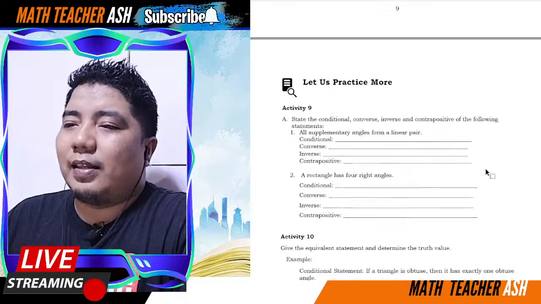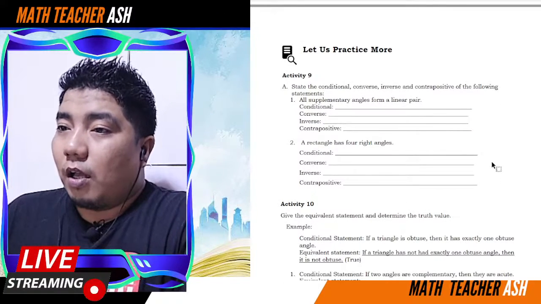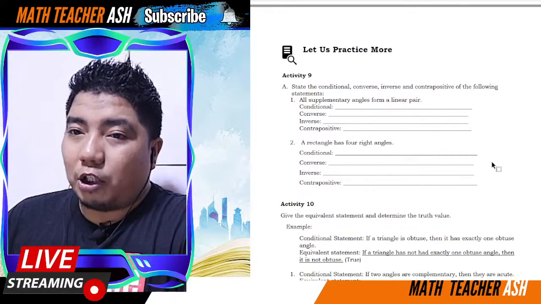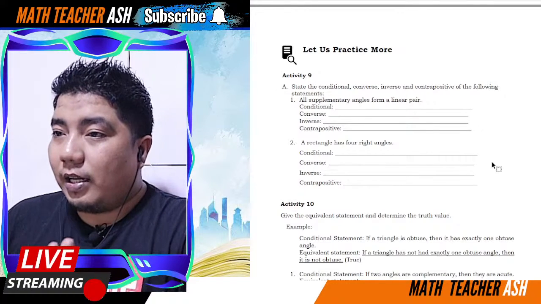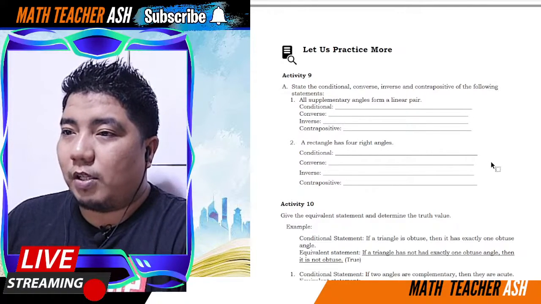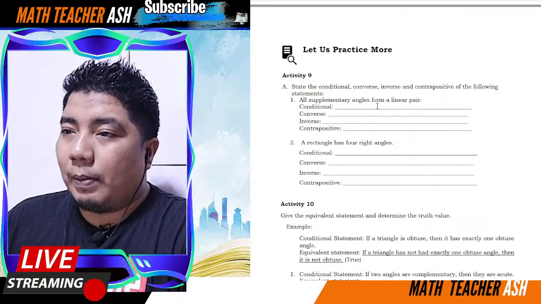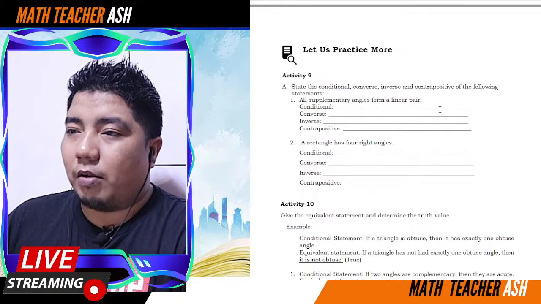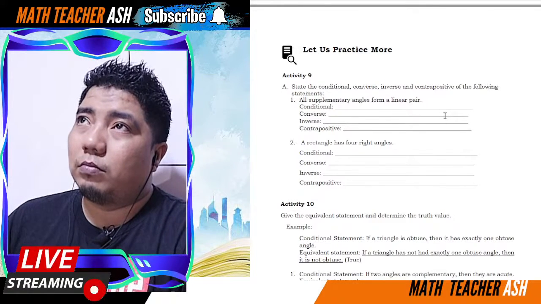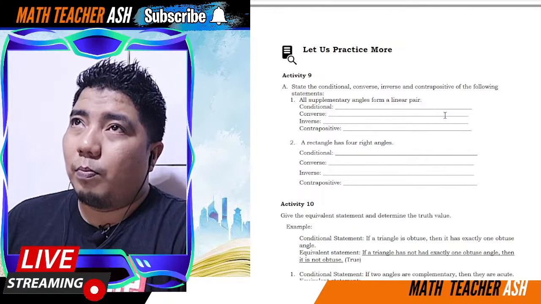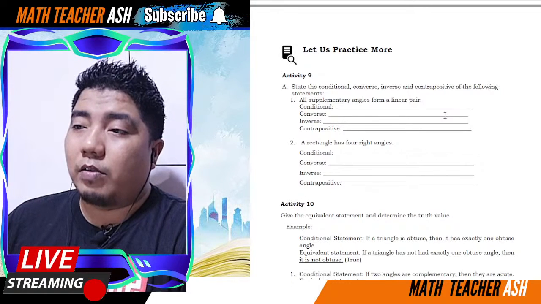Now, we have here, let us practice more. State the conditional, converse, inverse, and the contrapositive of the following statements. All supplementary angles form a linear pair. Okay? Tama ba? Complementary. Oh yeah, that's correct.